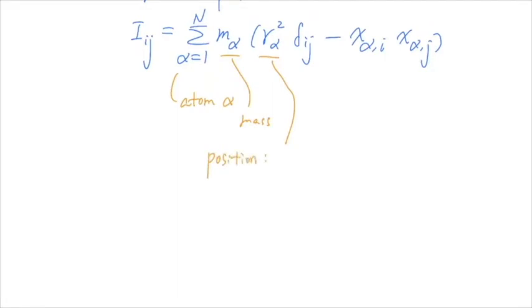Position of atom alpha is a vector r_alpha, and it has 3 components, x, y, z, right? But in order to write a general expression, I simply replace the notation x, y, z with x1, x2, x3.